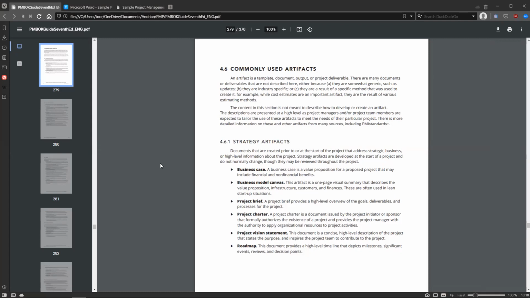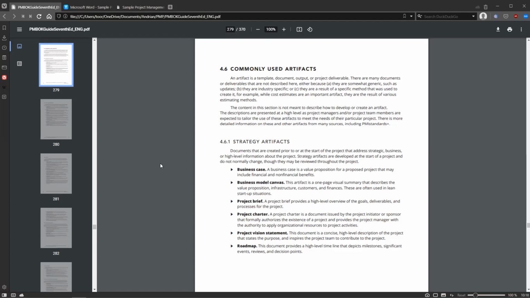From the PMBOK perspective, a project is broken down into major stages such as project initiation, project planning, project execution, project monitoring, and closure. These elements are sort of big groups that define big areas of the project. And project documentation starts from the very beginning.